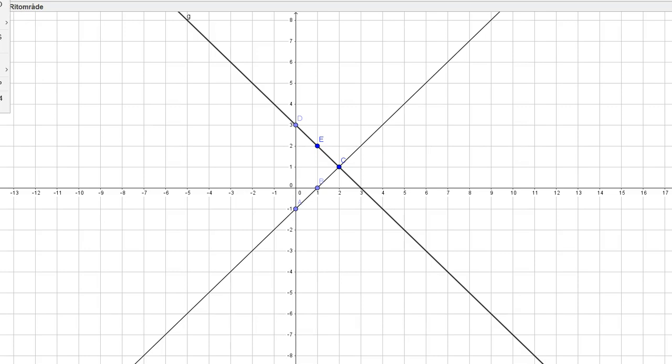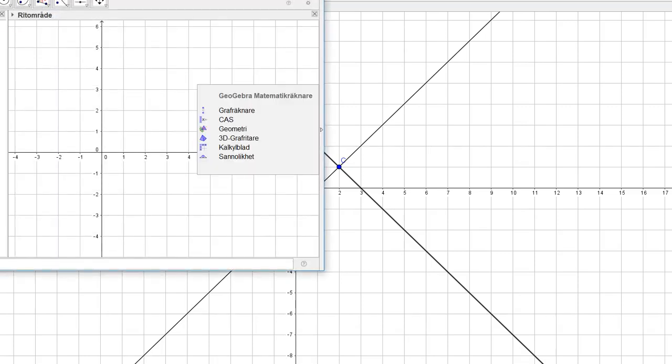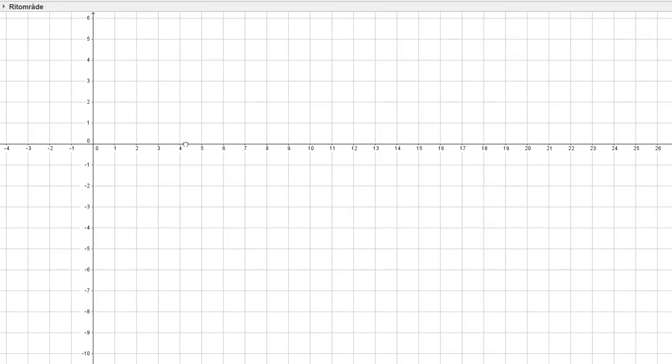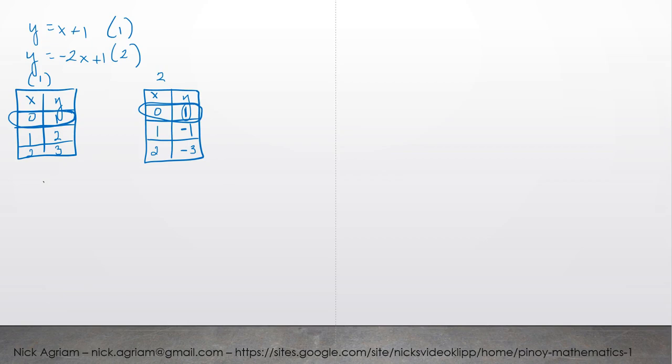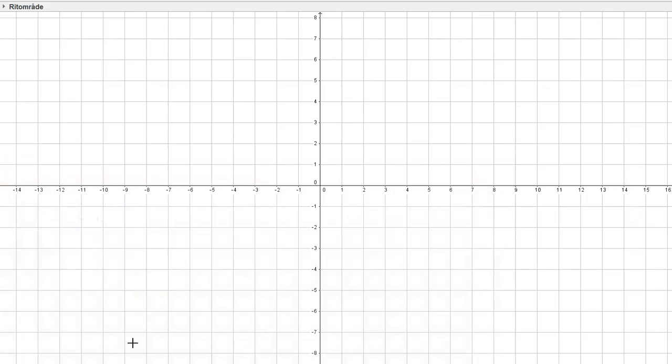We're going to do the graph, new window. Okay, the first one, 0, 1, 1, 2, 2, 3. That is my graph.